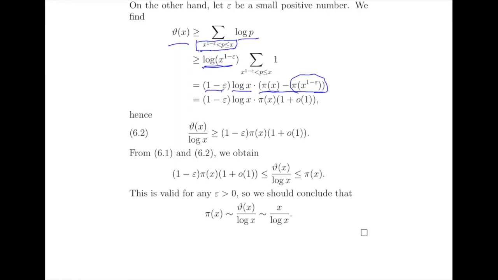So therefore, totally speaking, this implies theta x over log x is larger than 1 minus epsilon times pi x times 1 plus small order 1.